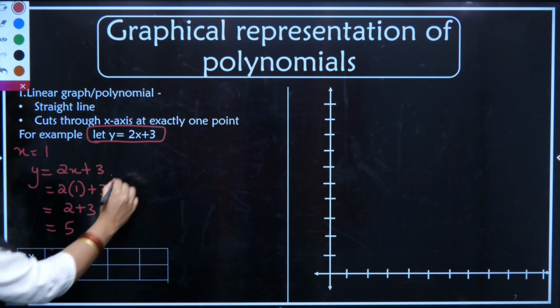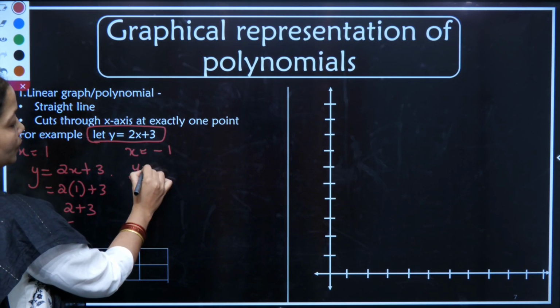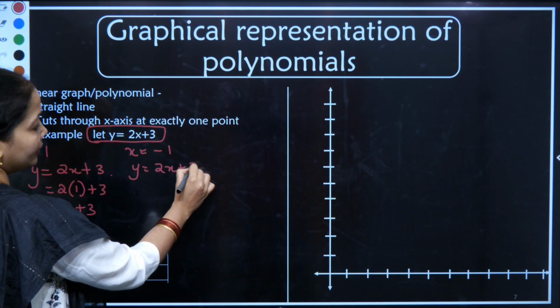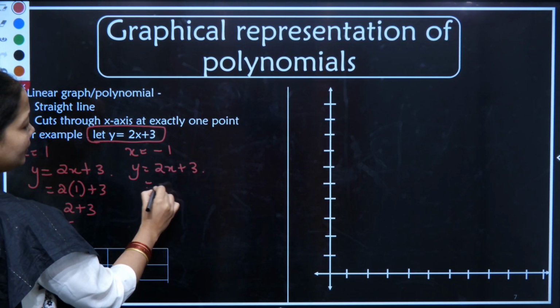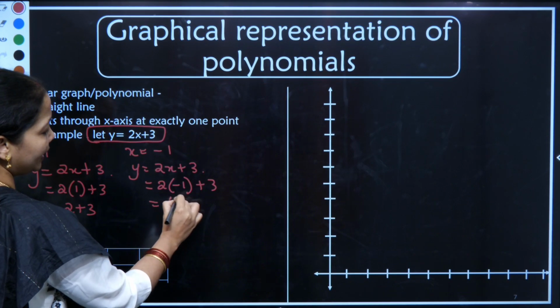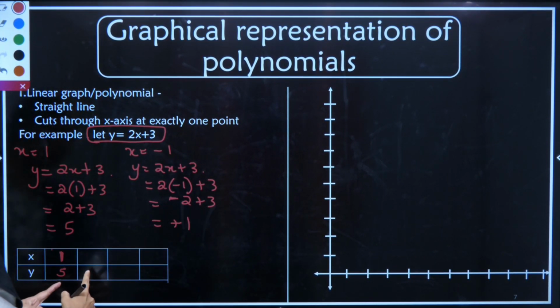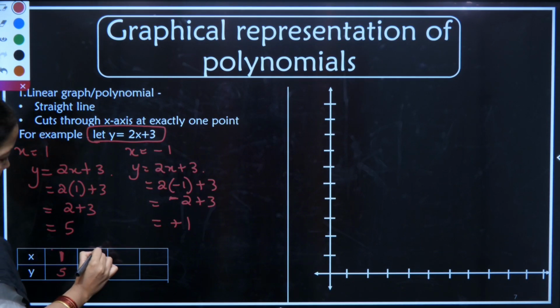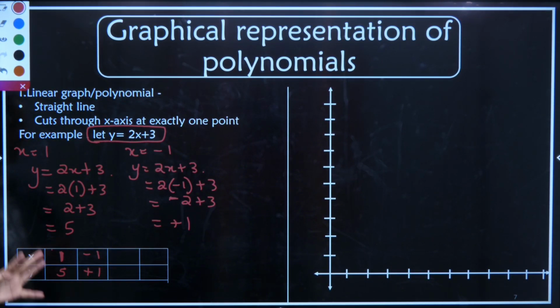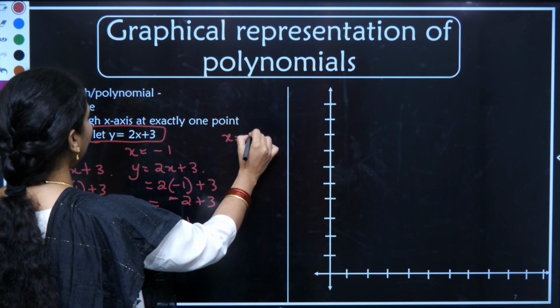Let us take some random value of x again. x is negative 1. So y is 2x plus 3, 2 into negative 1 plus 3, therefore minus 2 plus 3 gives me positive 1. Filling up the table again, when x was negative 1, y is positive 1. Taking some other random value, let x be equal to 2.